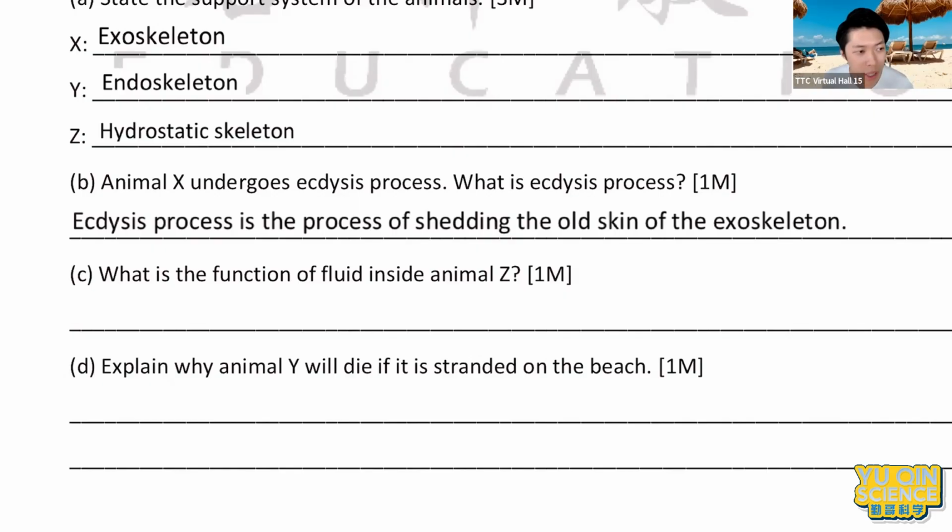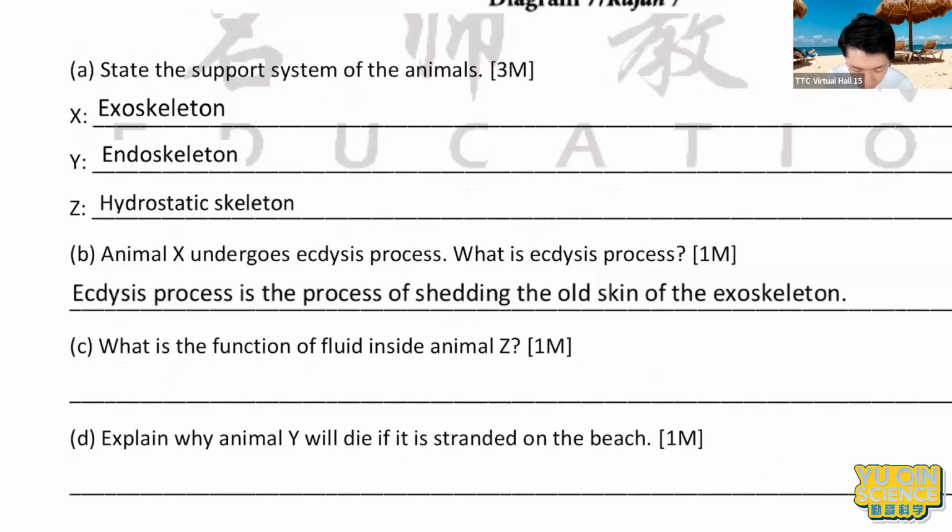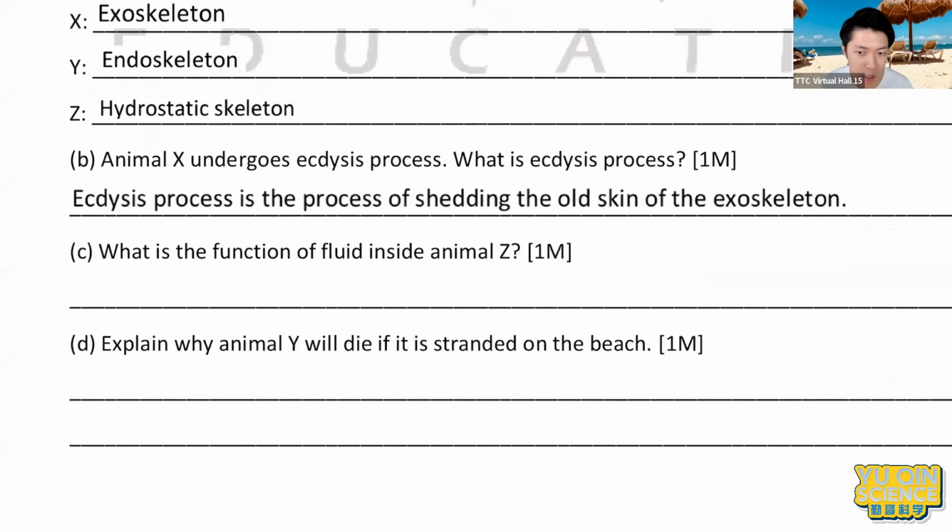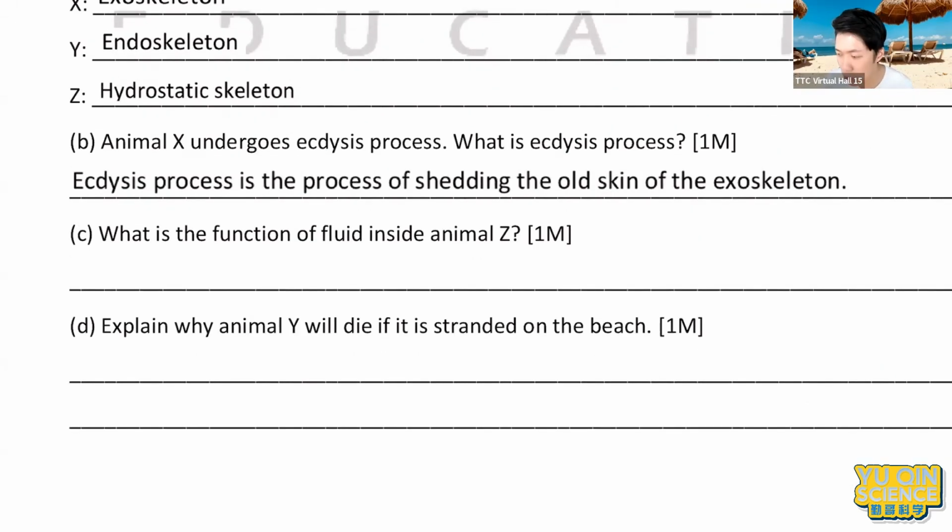Okay, what is the function of the fluid inside animal Z? What is the function of hydrostatic skeleton, basically? Well, the function of hydrostatic skeleton is to support, isn't it? That's what supports them to move. So there are two answers here. Number one, you can say to provide support, or you can say to provide movement, or to help in movement also can. So very simple, we can just write to provide support, or to aid in moving, or to help in movement, or one more could be to maintain the body shape.